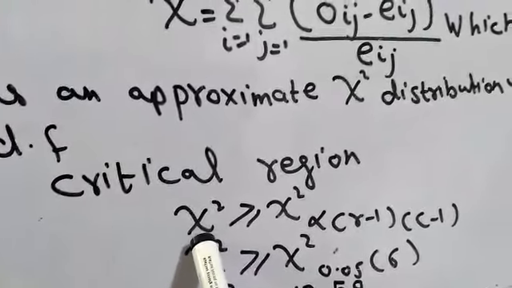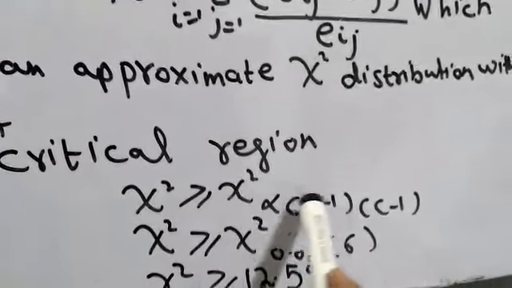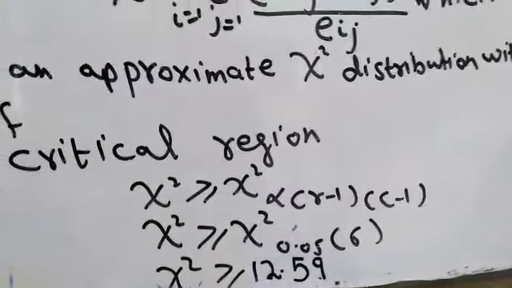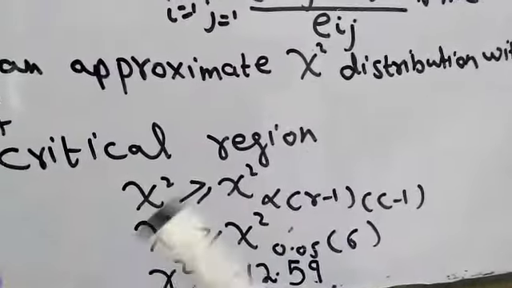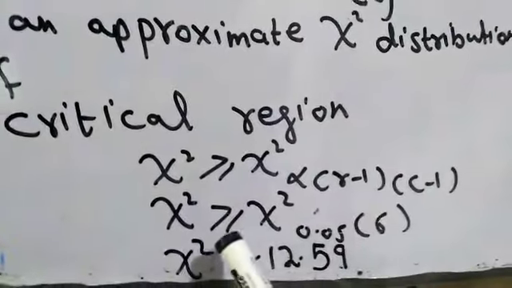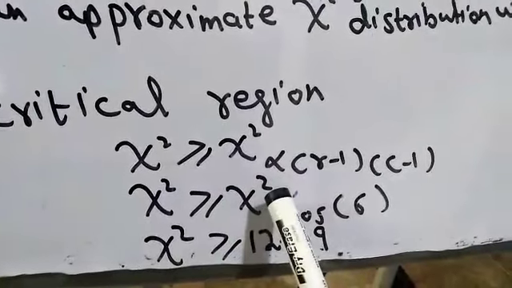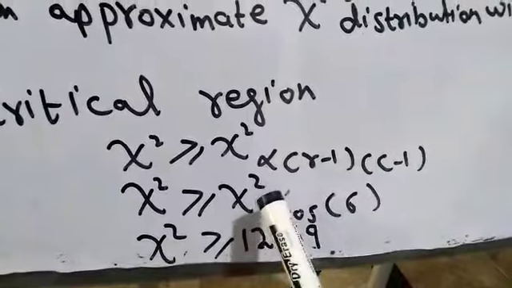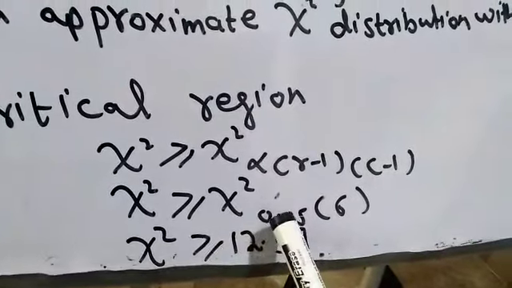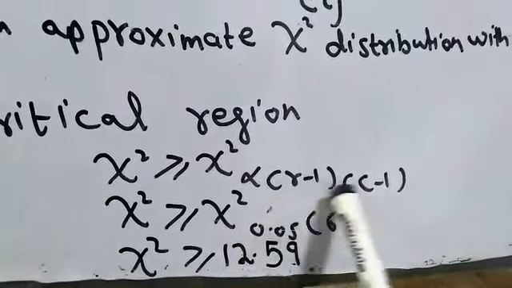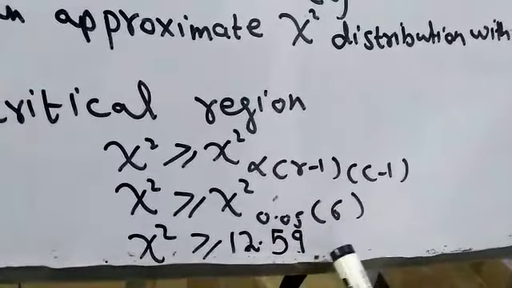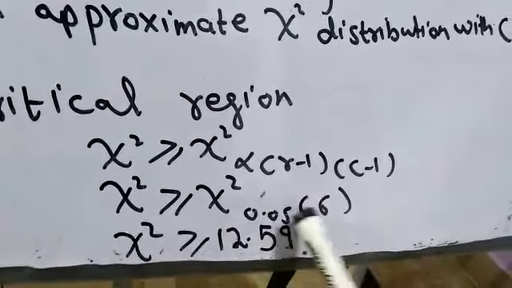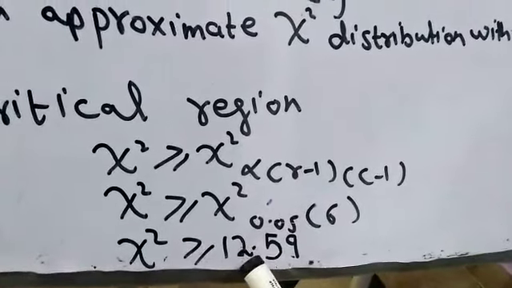If the calculated chi-square is greater than the tabulated chi-square, we will reject our null hypothesis H naught, the test of independence. The tabulated chi-square is chi-square alpha, R minus 1 into C minus 1. Alpha is 0.05 and degree of freedom is 6. From the chi-square table, we will find this value, 12.59.